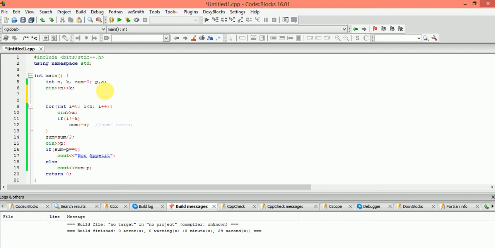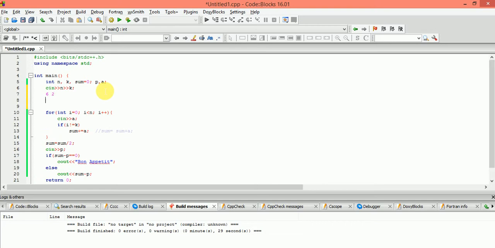Suppose I have 6 items, and k is the allergy at the second index. So suppose we have items costing 2 rupees, 5 rupees, 4 rupees, 7 rupees, 6 rupees and 8 rupees. The index value is 2, so 4 is the second value.